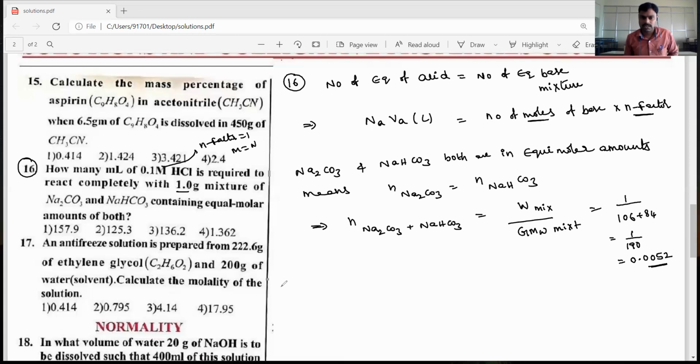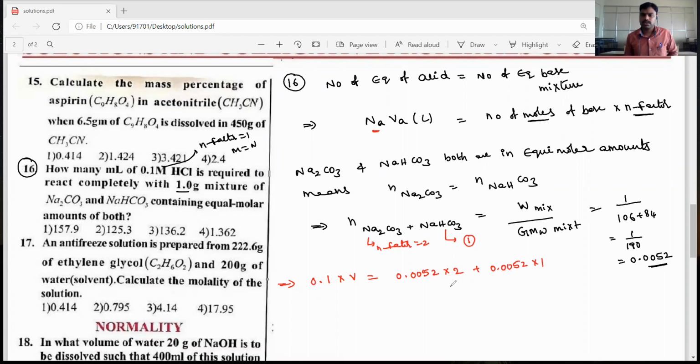So just take the relation: the number of equivalents of acid is equal to the number of equivalents of base. The normality of acid is 0.1 normal, and its volume is V, equal to the number of moles of base, 0.0052, and N factor of Na2CO3 is 2, into 2, plus 0.0052 into 1, where the N factor of NaHCO3 is 1.